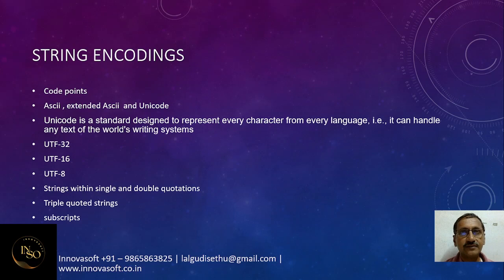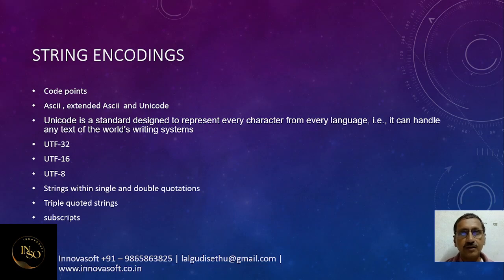That is where we need Unicode, the concept of Unicode. Python makes use of Unicode characters. When you say Unicode characters, the characters of any language in the world can be represented. Here every character is represented as a code point. We don't call it an ASCII value, but a code point.